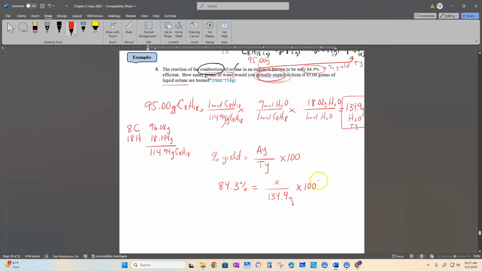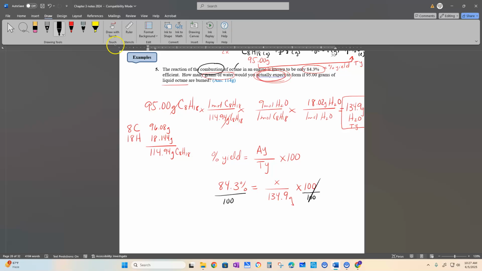So when you're rearranging the equation, you are going to what's called cross multiply. Okay? So this 84.3, when you rearrange the equation to get stuff to the other side, you do the opposite. I need to divide by 100, but I'm going to divide by both sides.